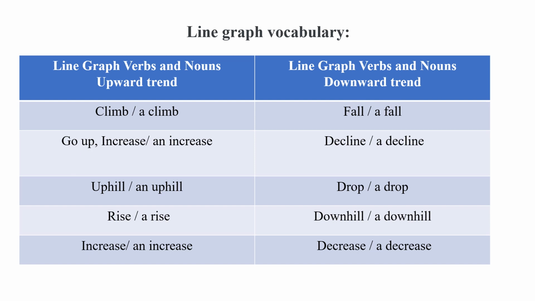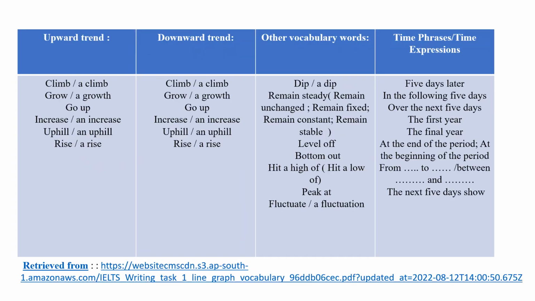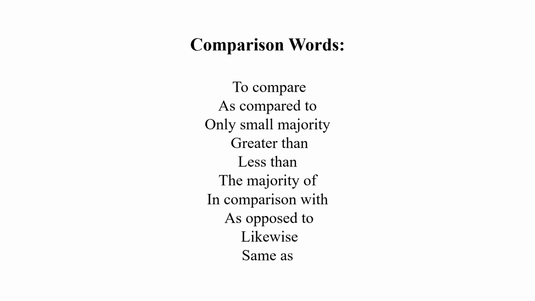You should also learn these words and use them in your line graph description. Also the line graph adjectives and adverbs. They will help you to express your ideas, and any additional vocabulary. Comparison words to describe your line graph.